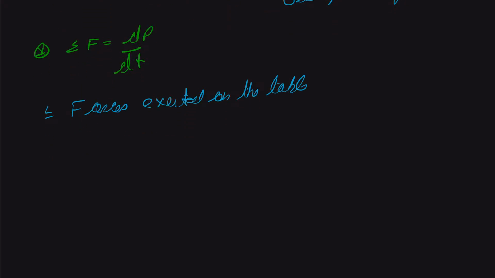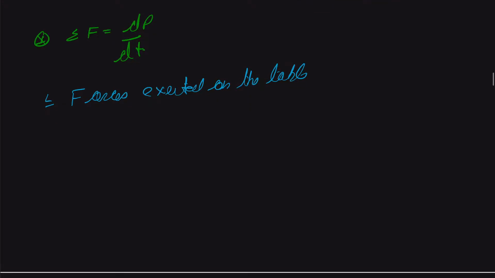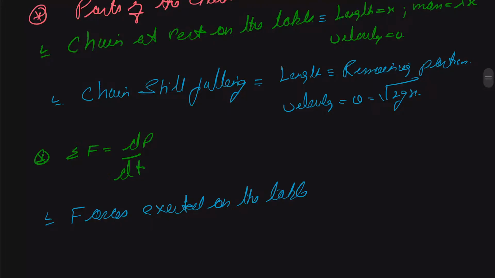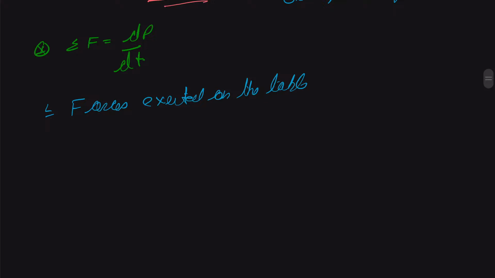First will be the weight of the chain that is already lying on the table, and the second one is the force needed to stop the upcoming chain, that is the chain that is supposed to fall. We already have the two parts, rest and still falling. So accordingly we are going to have two forces.